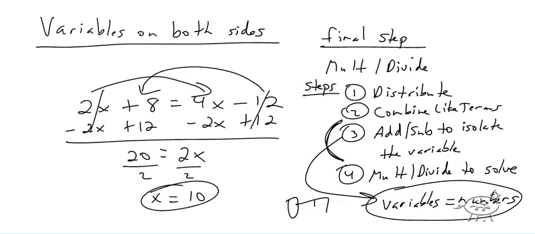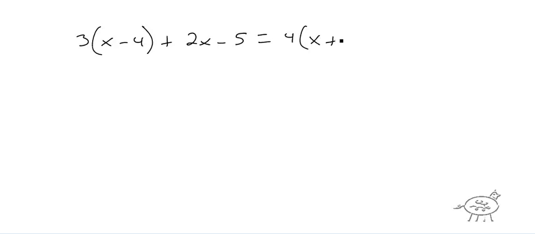Let's try a couple more here: 3 times parentheses x minus 4, plus 2x minus 5, equals 4 times parentheses x plus 1, minus 2x minus 3. That looks pretty complicated. It's got a lot of stuff in it, but it's not that bad.